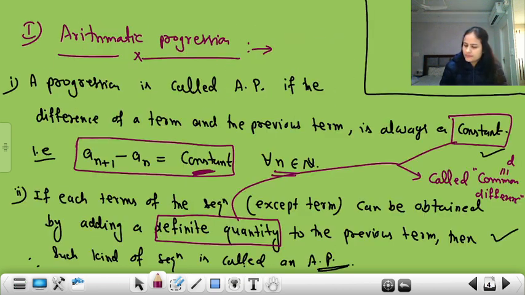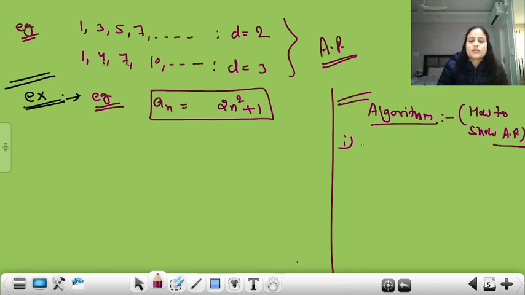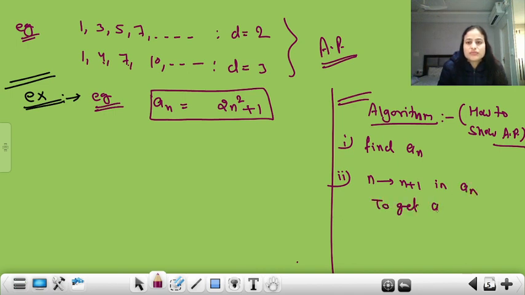The algorithm to show an arithmetic progression will be: first, find the nth term, that is an. Second, replace n by n plus 1 in an to get the n plus 1th term.